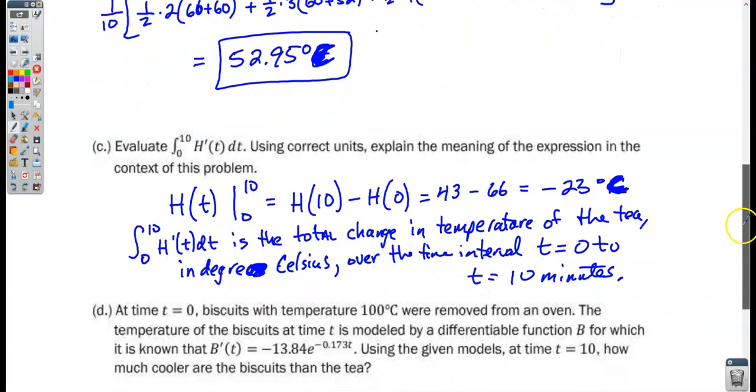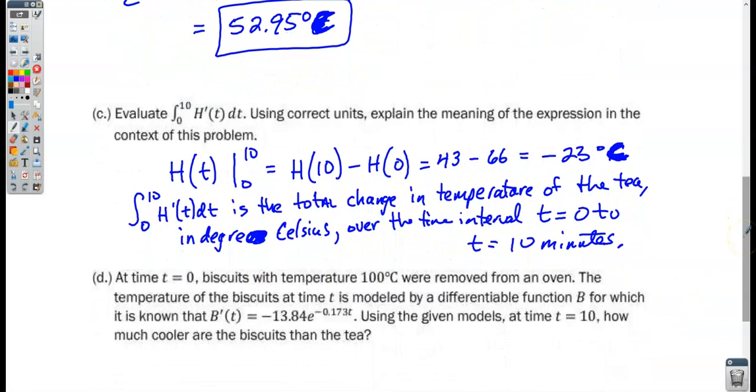And then the last part here, which is why this problem shows up in this lesson. At time t equals 0, biscuits with temperature 100 degrees Celsius are removed from an oven. The temperature of the biscuits at time t is modeled by a differentiable function b, for which it is known that b'(t) equals negative 13.84 e to the negative 0.173t.